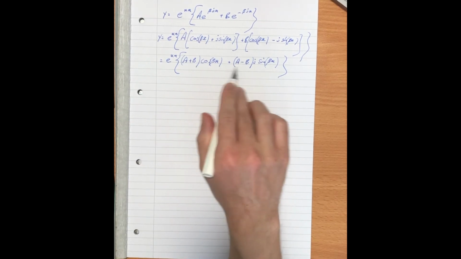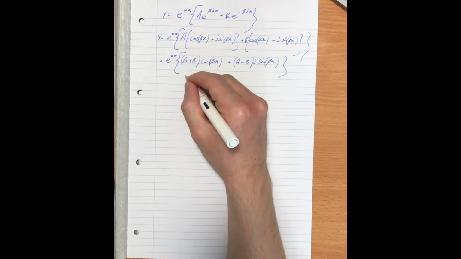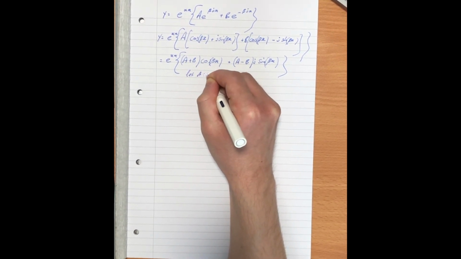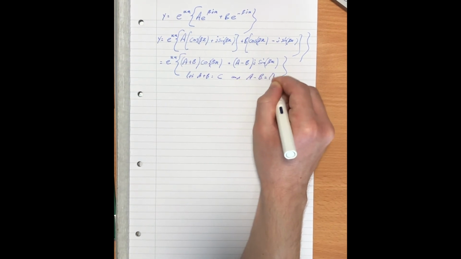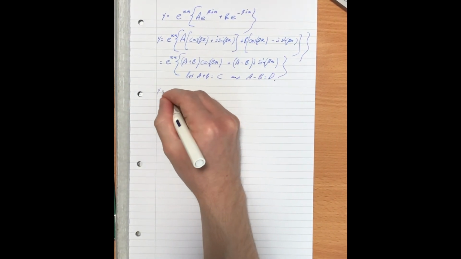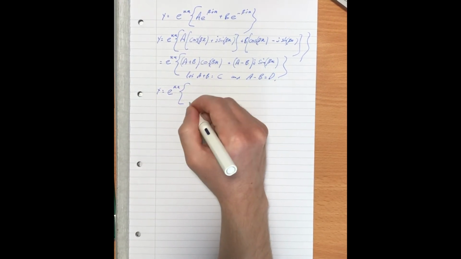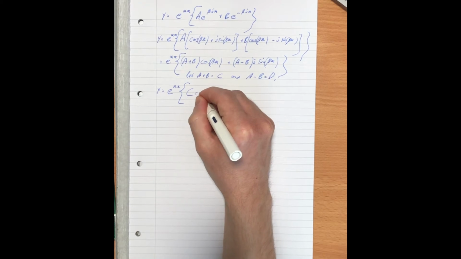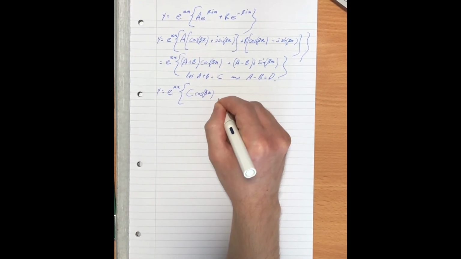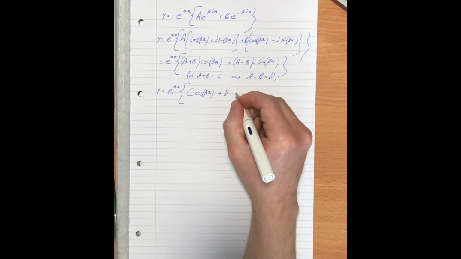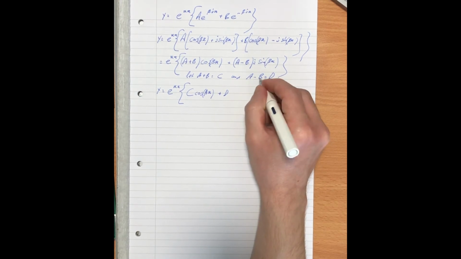And since A plus B and A minus B are just constants, we can replace them with, say, C and D. So if we let A plus B equal C and A minus B equal D, we can say that y equals e to the alpha x, C cos beta x plus D, and D is actually going to be A minus B, j.